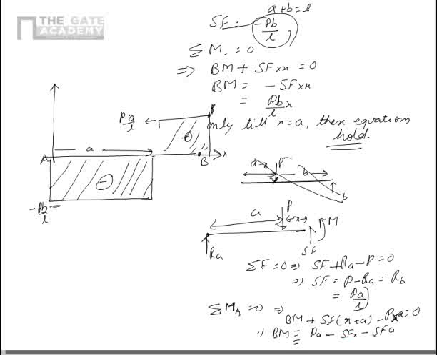So that will be PA minus, A minus SF is PA upon L, so that is A square by L minus AX upon L minus A square by L. Now for x equal to 0, which is this point, this will be PA.